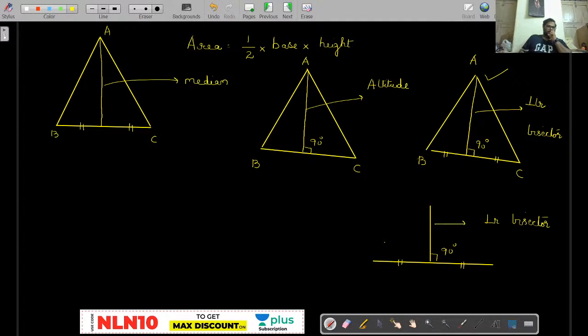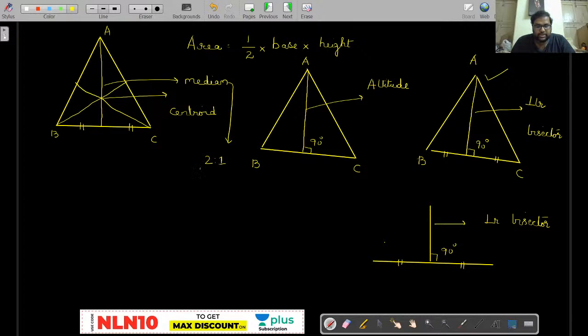Right, now let us come to the next basic point. Observe here, this is called a median. Now by joining all the medians, the intersecting point of all medians is called the centroid, and this centroid divides the median into a 2:1 ratio.